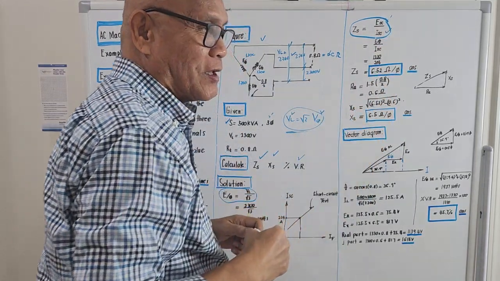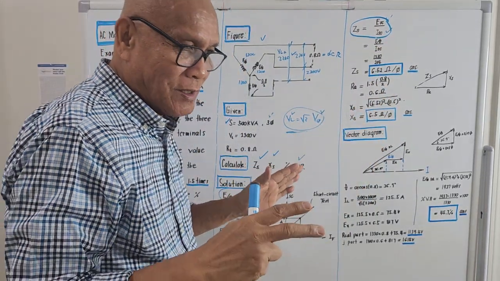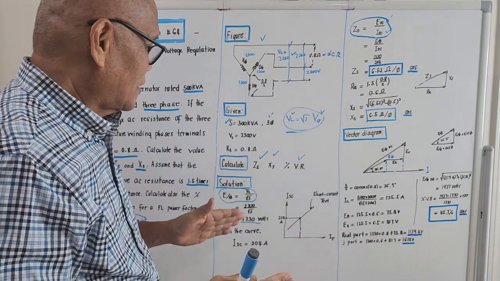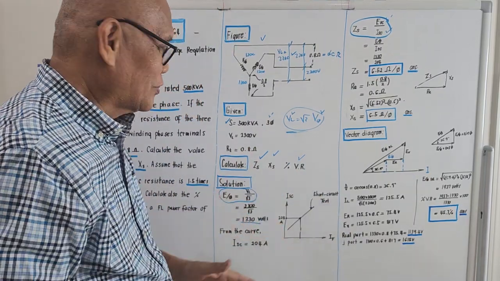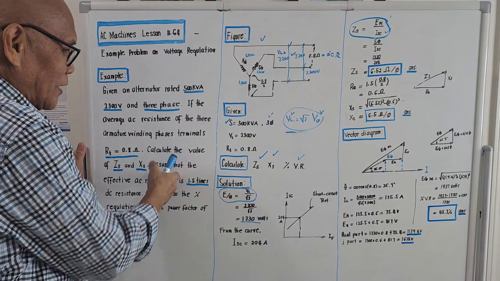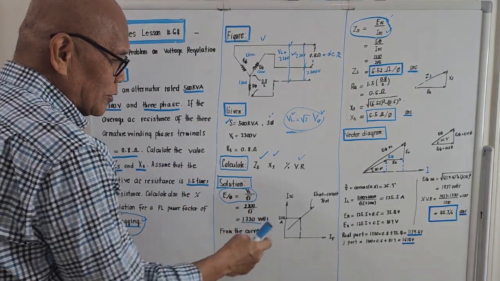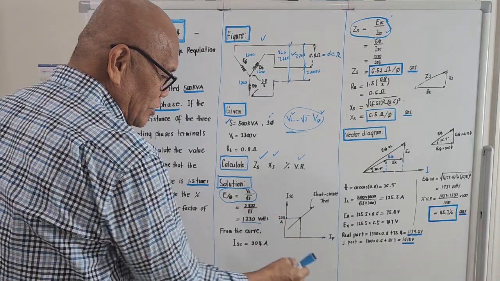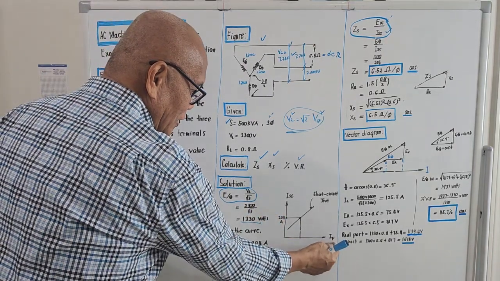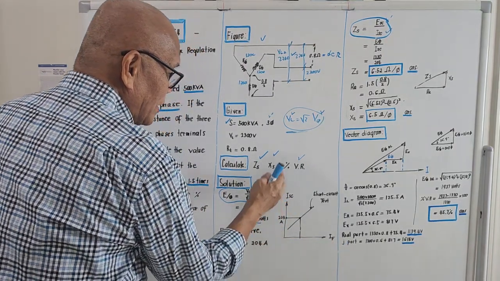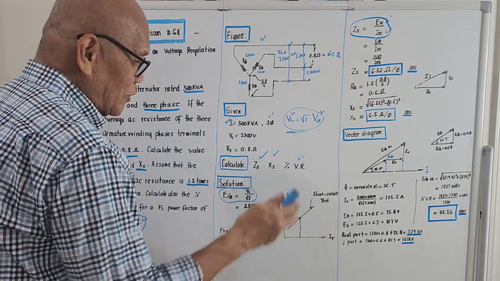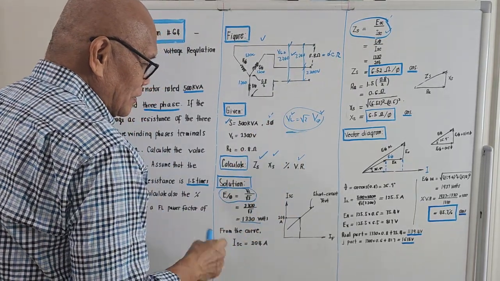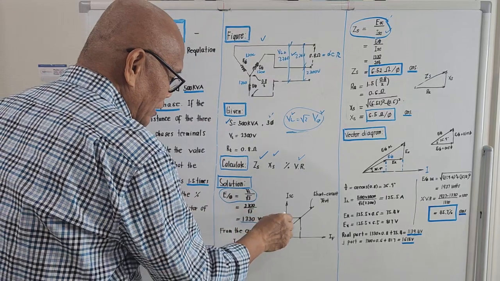For the short circuit current, we don't know yet for the time being, but if we try to bring out the solution, for the given alternator there should be the so-called short circuit test, which gives the relation of the field current, the excitation current, and the short circuit current. And I am telling you now, for this problem, the short circuit current is 204 amperes.